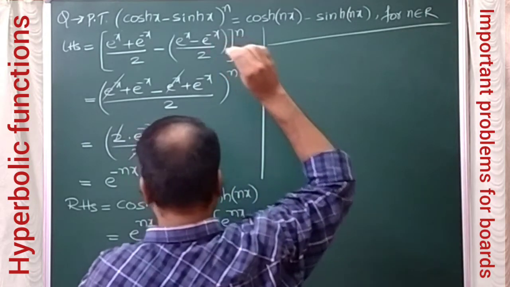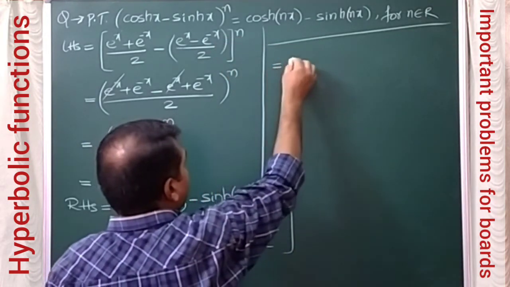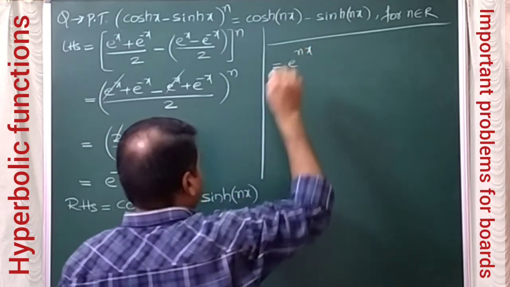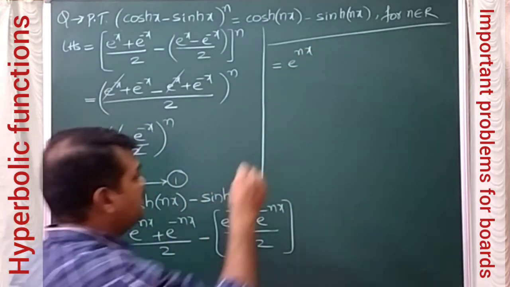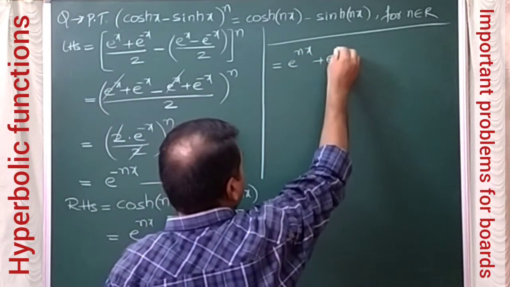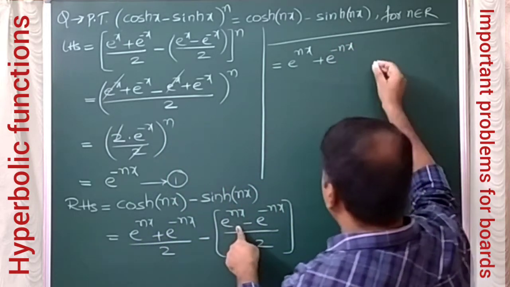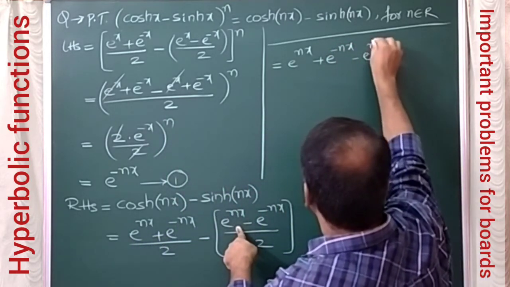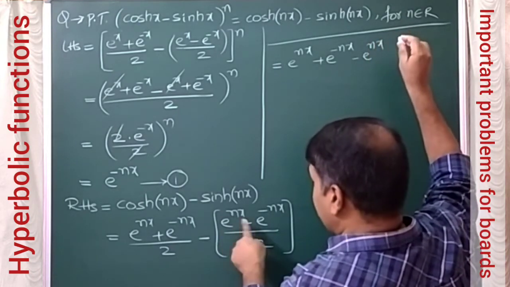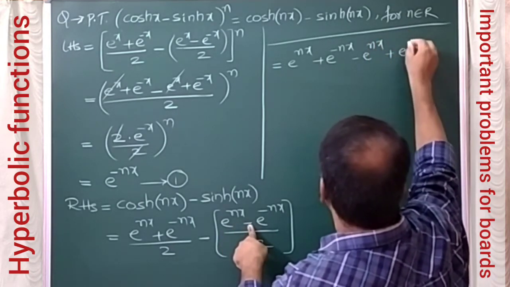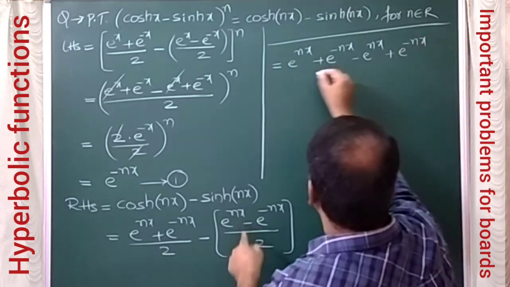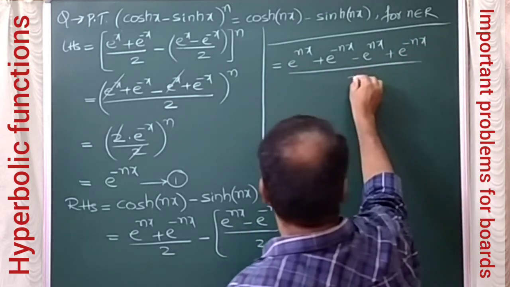So therefore adding the numerators, we will get e power nx plus e power minus nx minus of e power nx means minus e power nx, minus into minus plus e power minus nx by 2.